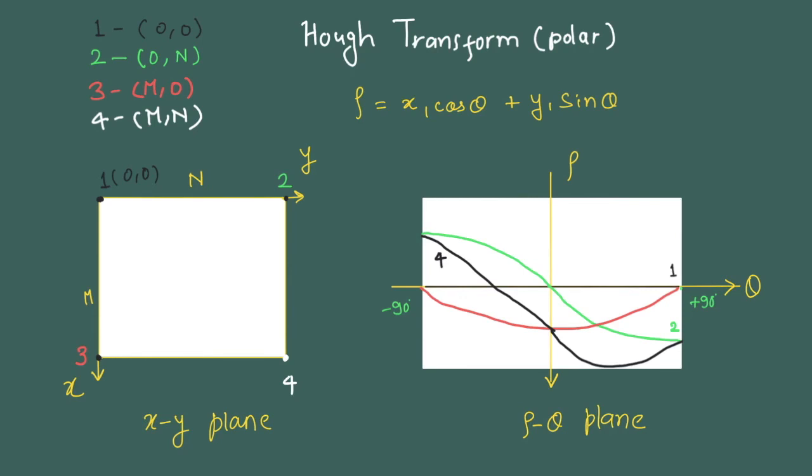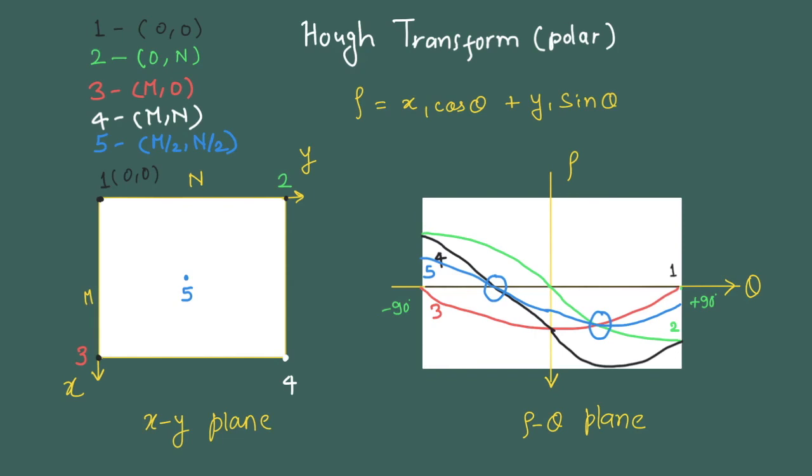Now we can have the last point in the middle, point number 5, and for 5 coordinates would be m by 2, n by 2. Blue is 5. Here we have intersection of 3, 2 and 5, and here we have intersection of 4, 5 and 1. So what do we understand from this?